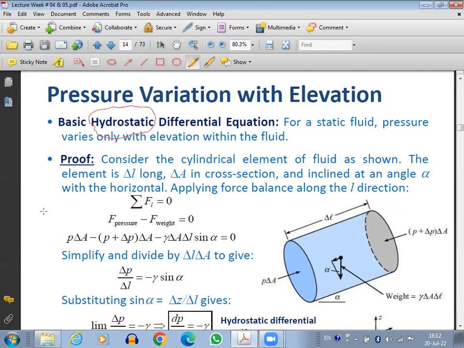When we just say fluid, it means liquid and gas both. But if I have to focus on liquid only, then I call it hydro. So hydrostatic: static means the liquid which is not in motion, at rest. So hydrostatic means liquid at rest.